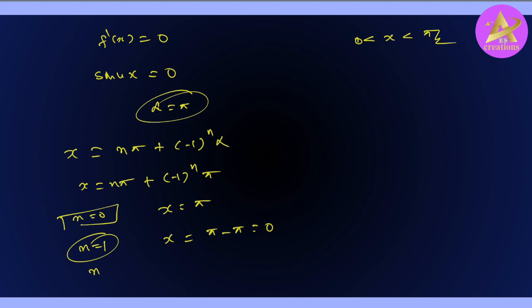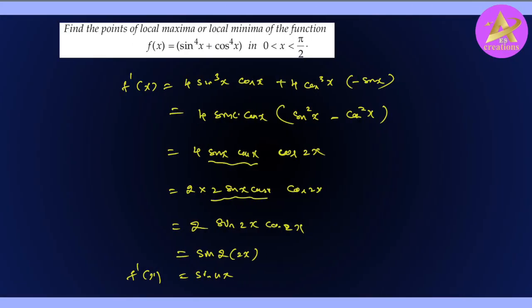We did everything correctly, right? Everything is fine, the simplification we got is right. Where we went wrong is sine 4x.